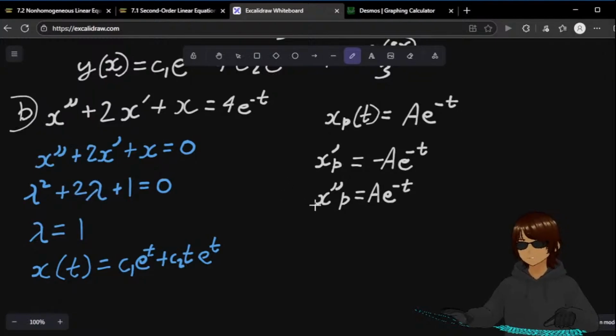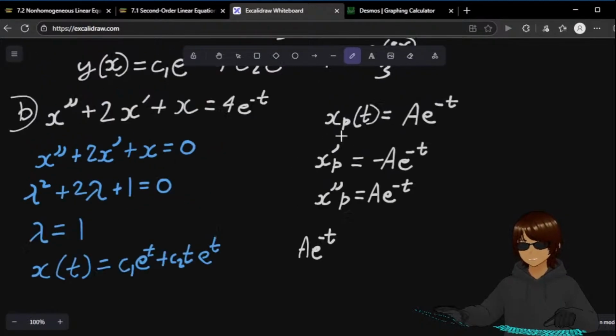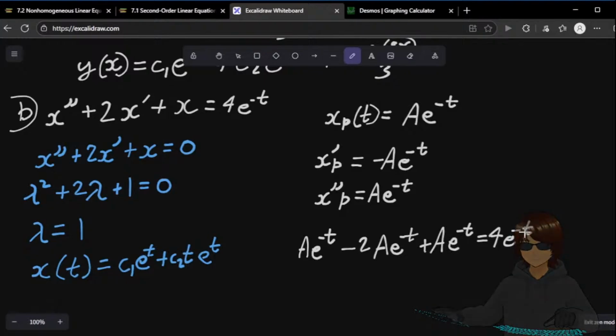So we have this. We substitute this back into the original equation. So we have this plus, actually minus 2a plus a gives you 4e to the power of minus t.